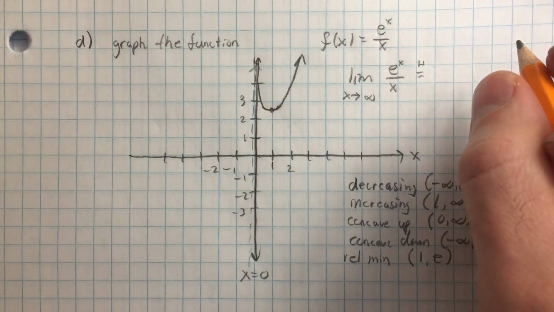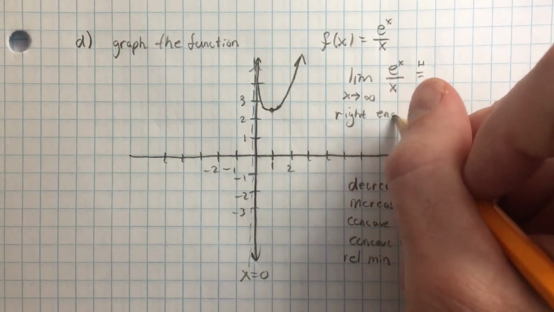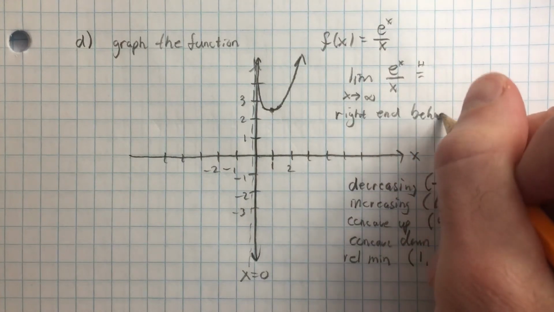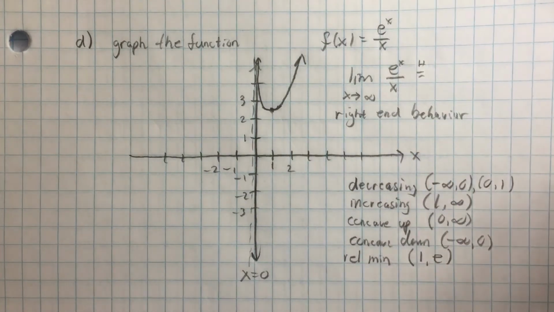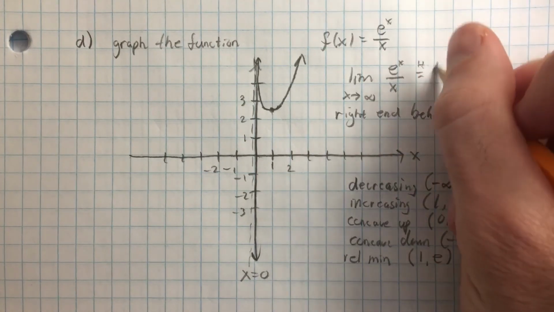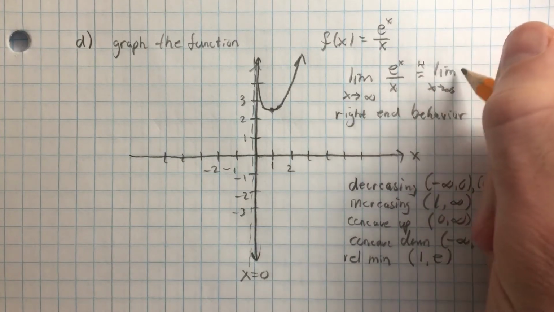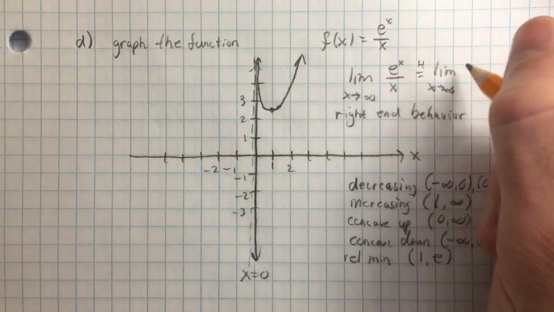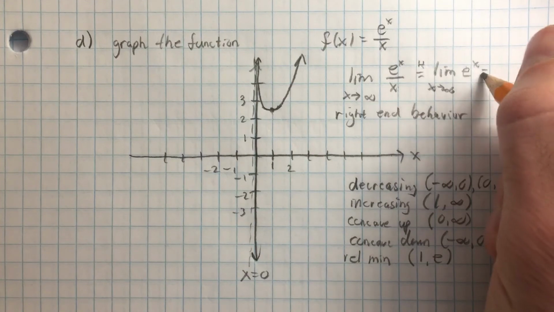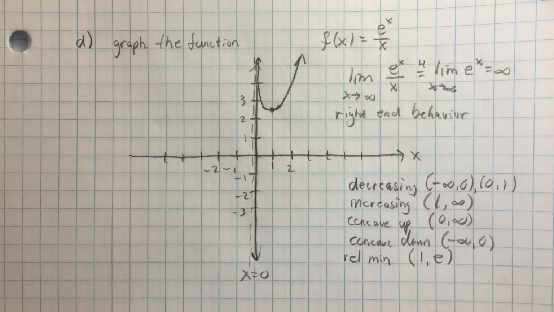So I can check on this for the right end behavior. L'Hopital's rule would say take the derivative of top and bottom separately and reevaluate the limit. We have the limit as x approaches infinity. e to the x comes back, but x just goes to 1, so I just have this, which is certainly infinity. So I do have my arrow going the right way. It makes perfect sense with what we've drawn so far. I'm pretty convinced the right-hand side is complete.